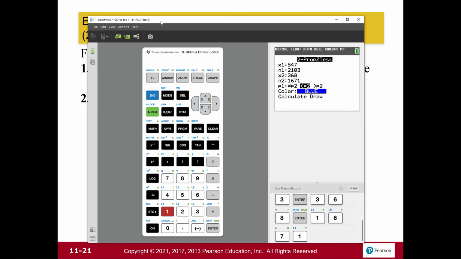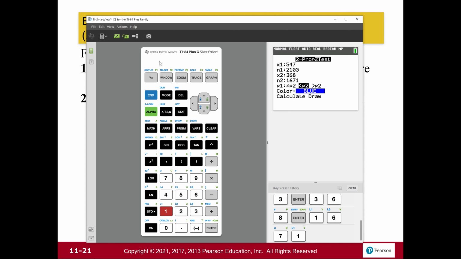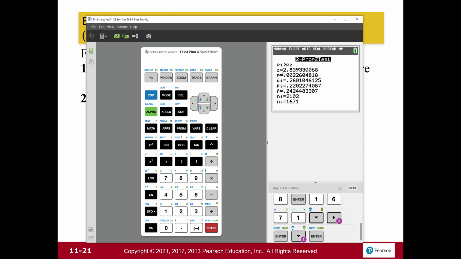And we believe that P1 is greater. And that's all you'd have to do. Again, you do have to make sure that before we conduct this, that all the requirements are satisfied. Hit calculate. And we have our test statistic is 2.83 or 2.84.